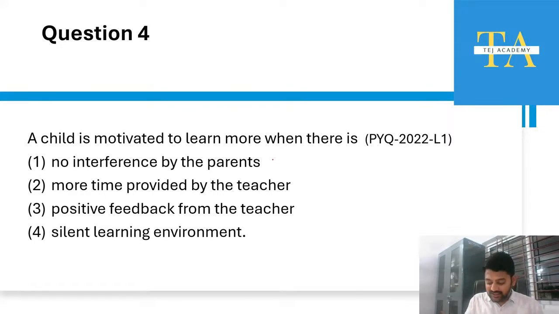See here, the parent intervention is not the reason. More time provided by the teacher, positive feedback from the teacher. So out of this, the second one and third one play an impact. The third one plays a major impact on the student learning process. So the third option is correct: positive feedback from the teacher.